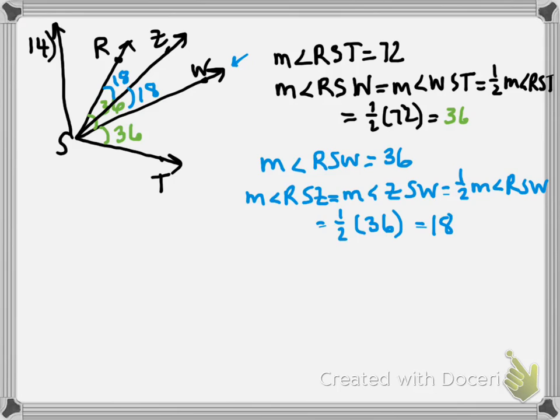So I'll just put them over here, and that's our N. So remember, RS is the bisector, so we're going to be looking for this one, and he's bisecting angle NSZ.